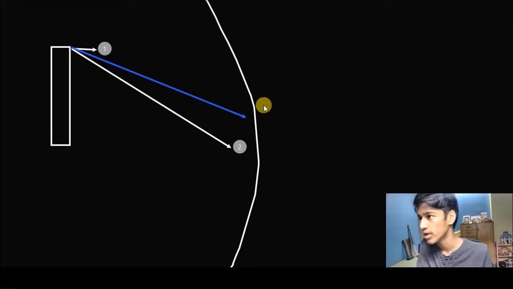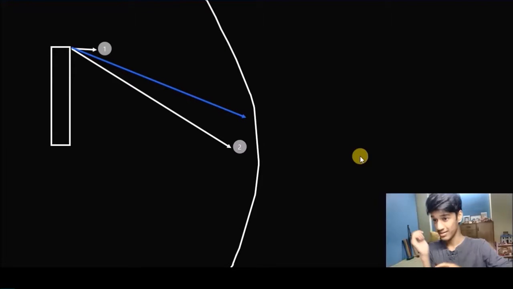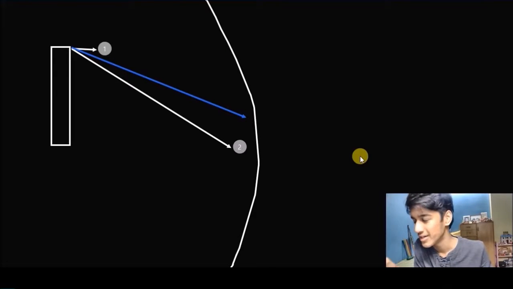Now I've just drawn it somewhere in the middle of both the fielders because that is what we mean by finding the gap. Now if we have to make sure that the ball reaches the boundary without being caught by the fielders, we need to keep two things in mind. First, is any fielder going to be able to catch it?